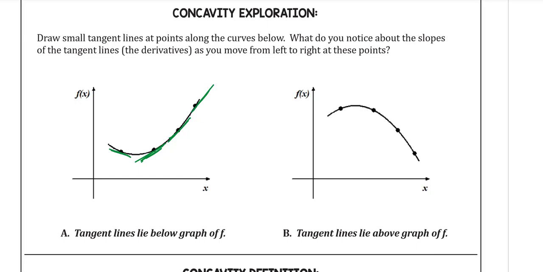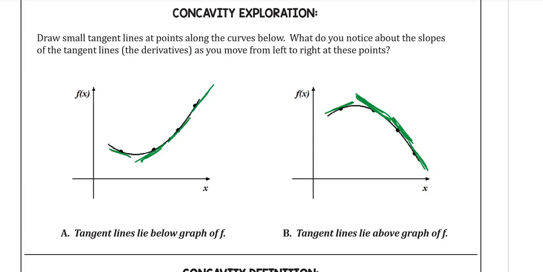Whoops, it completely missed there. And then on the other side, we're going down. This is harder to do on a screen than on a piece of paper. We'll just pretend that that's this line. We're going down, going down.